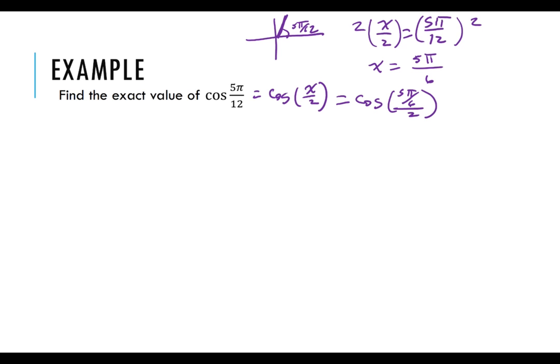Using my half angle identity, I know that cosine of x over 2 is equal to plus or minus the square root of 1 plus cosine x, over 2. But because we know that 5 pi twelfths is in quadrant 1, it's only going to be the positive. We can ignore the negative completely when we do this evaluation.